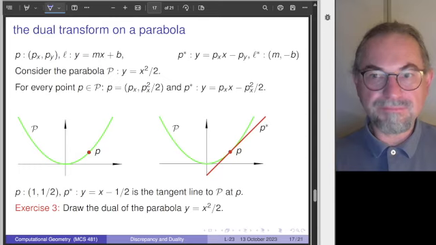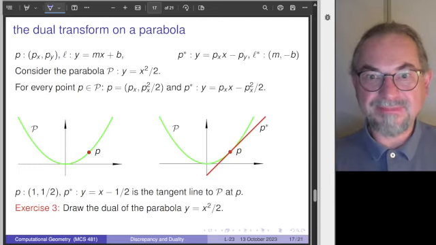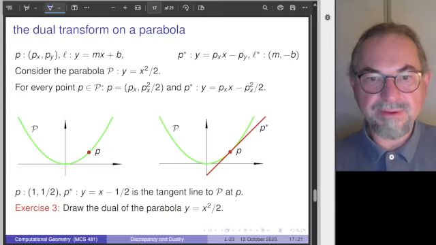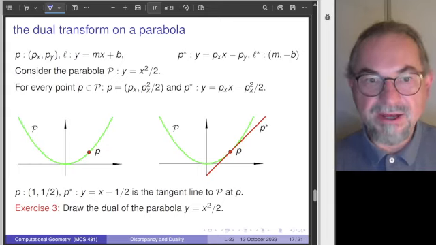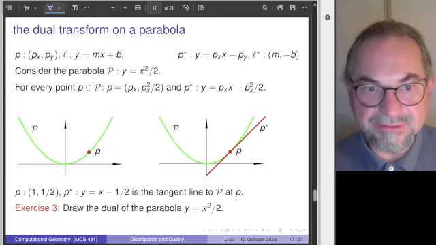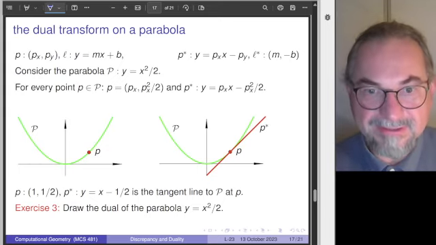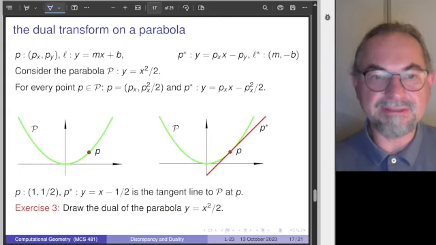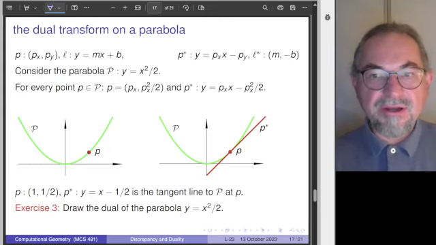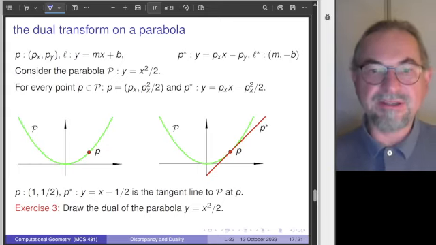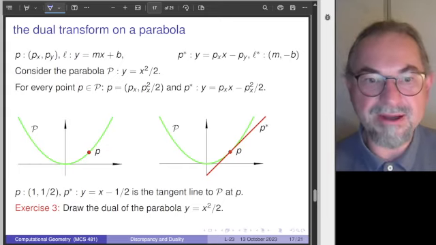That's kind of nice. That's actually a nice property. I have to think about this also a little bit, why that line is tangent to the parabola at the point.